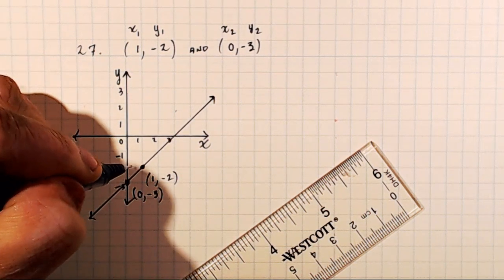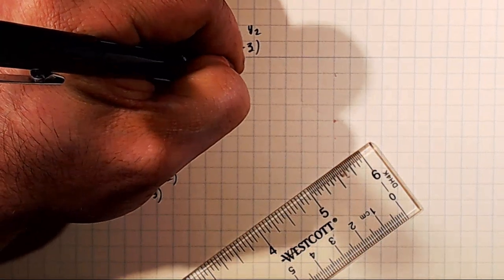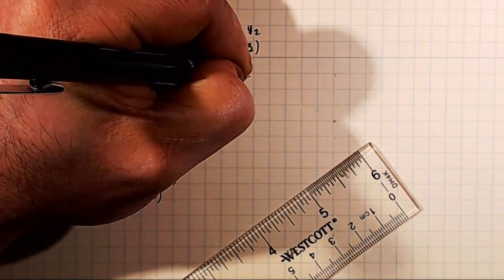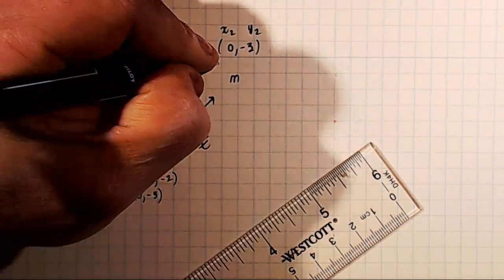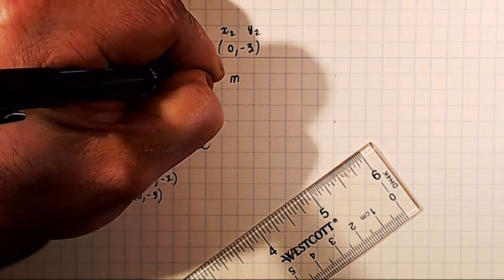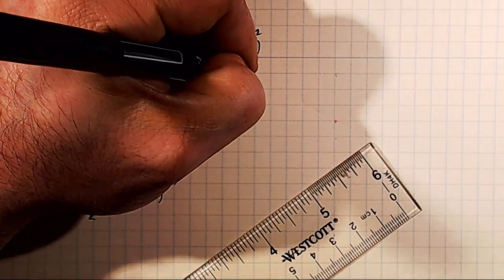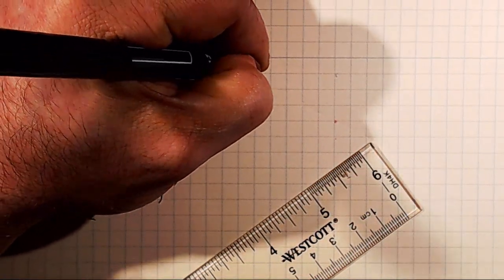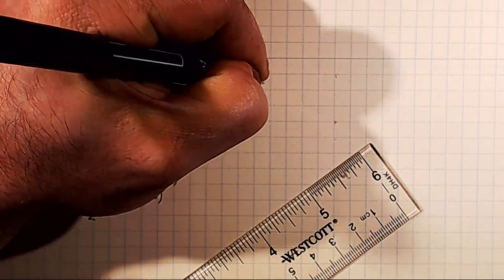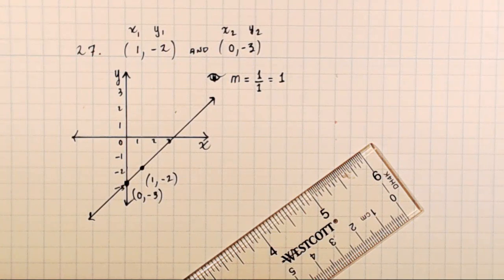So I rise 1 and run 1. So my m, or slope, appears to be, and sometimes I write a little eyeball here to show you that I'm using my sight, m appears to be equal to 1 over 1, or just 1. So that appears to be the slope.